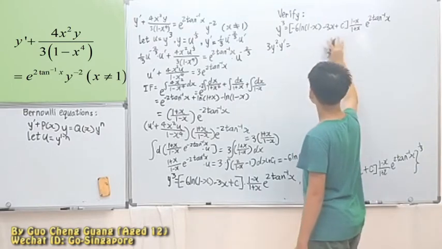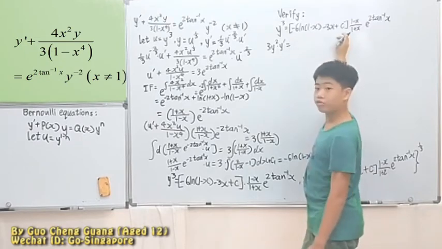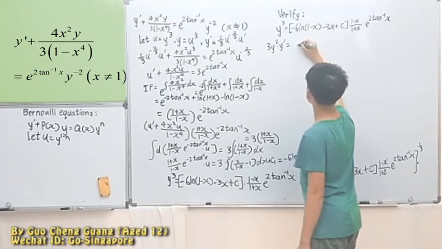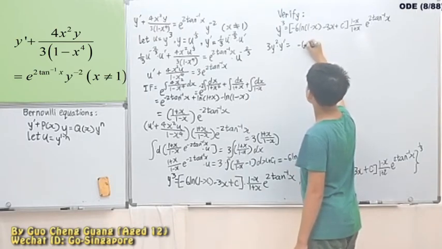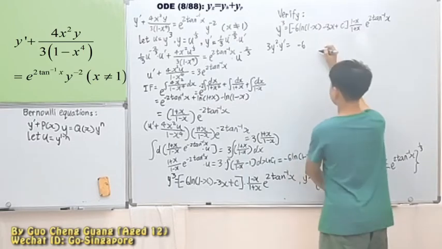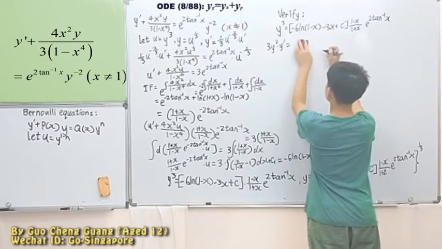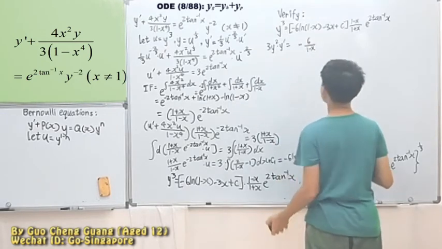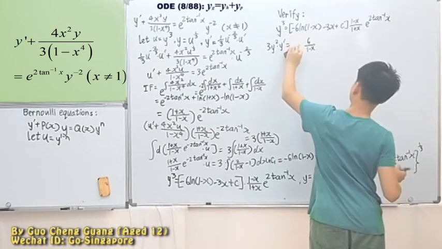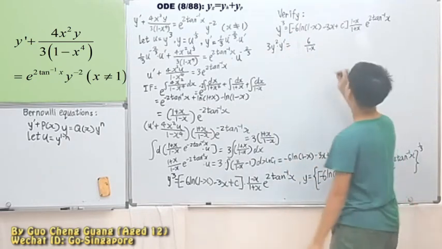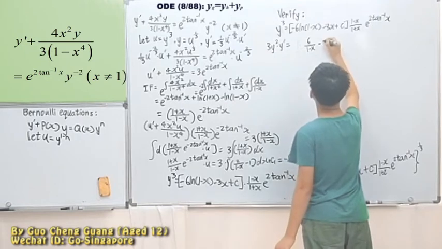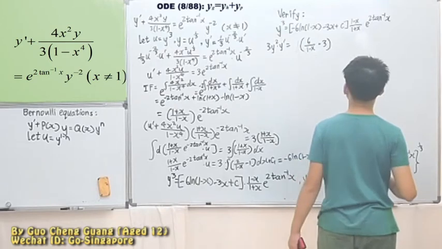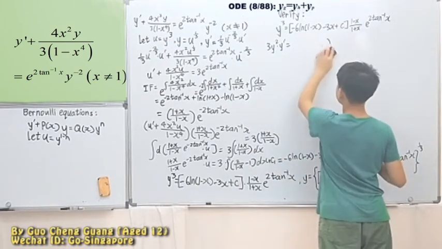Now we can first differentiate this front part. Then after that, from this negative x, another negative. So I think we can close up this gap.